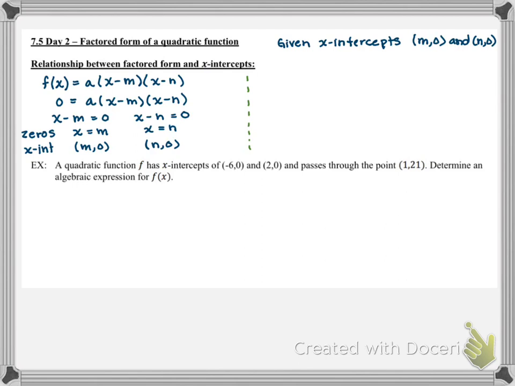So again, the x-coordinates of the x-intercepts are our zeros. So that tells me that my zeros are x equals m and x equals n.